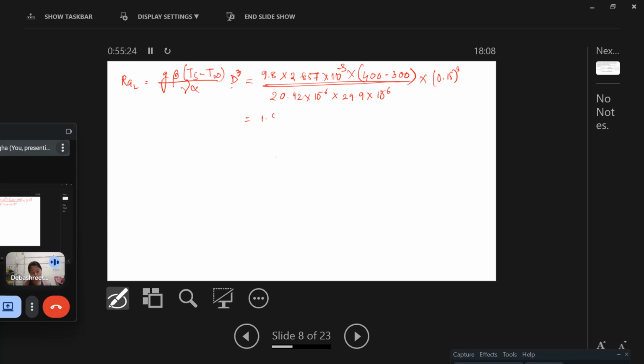So if we calculate, it comes to be around 1.511 into 10 to the power 7.